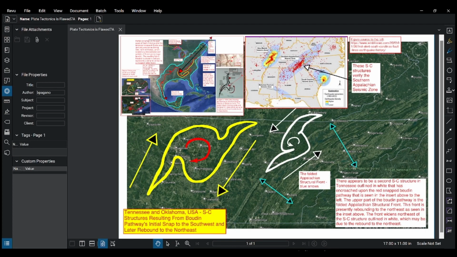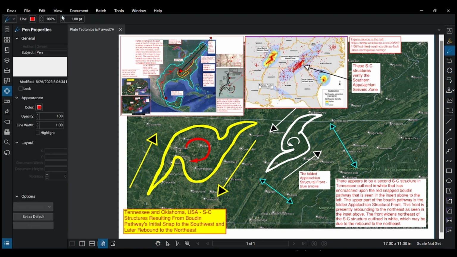All right, just to clarify something here, as this system is rebounding to the north, that red mobile fault line is rebounding to the north. What's going to happen is, of course, it's going to be thicker over here than over here, because as it's flattening here, that means there's material kind of coming in and thickening up.